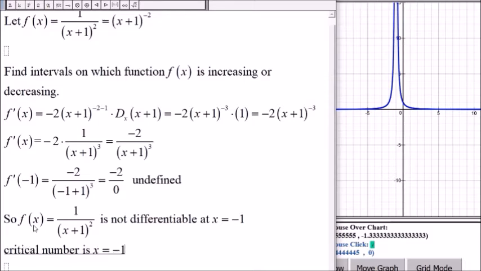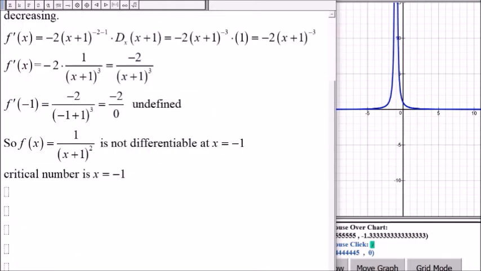Remember that to find critical numbers, we look at the derivative and see where it's undefined. The other way to find critical numbers is by setting the derivative equal to 0. If we set this equal to 0, the only way this could be 0 is if the top is 0. But the top here is always going to be negative 2, so it cannot be 0. Therefore the only critical number we have is negative 1.